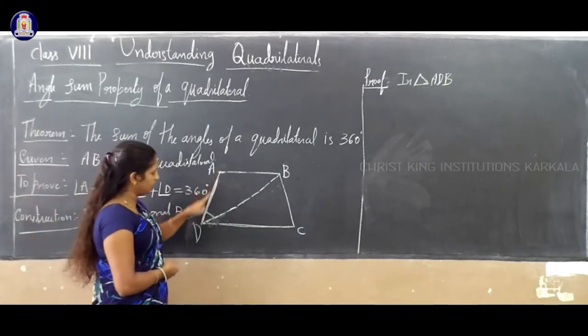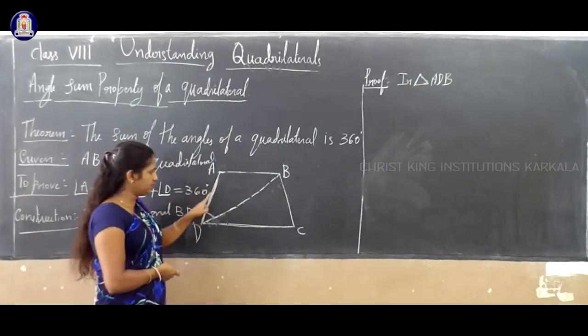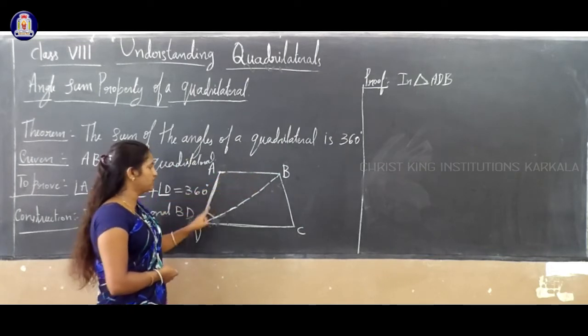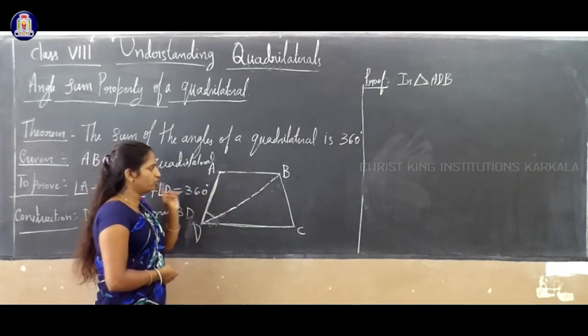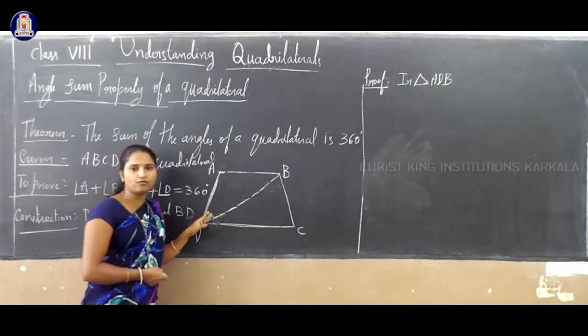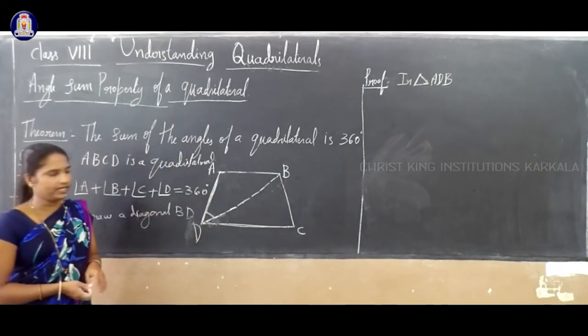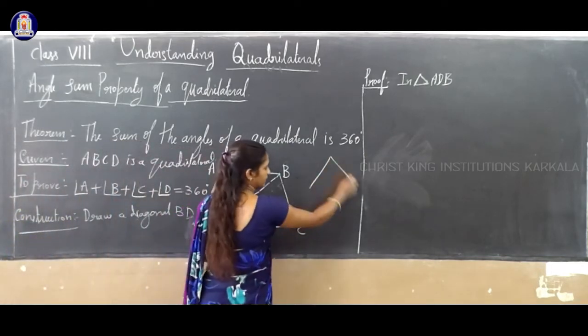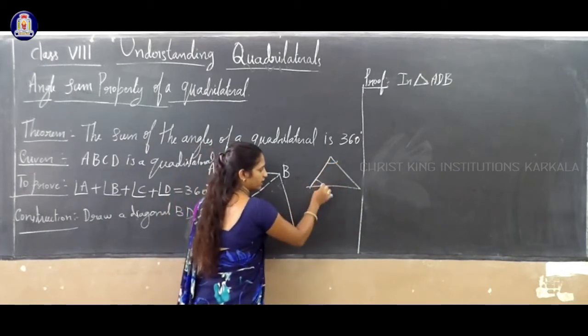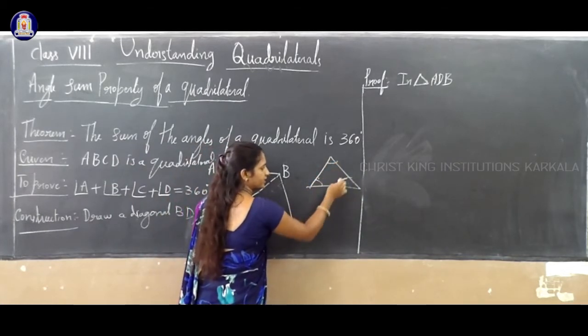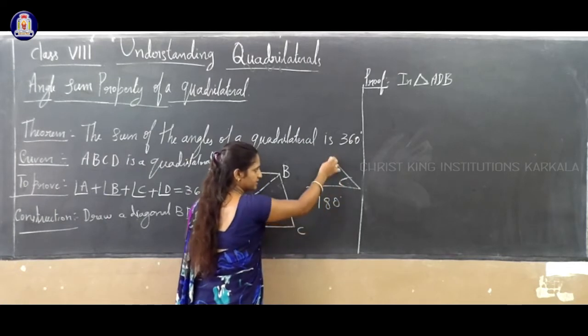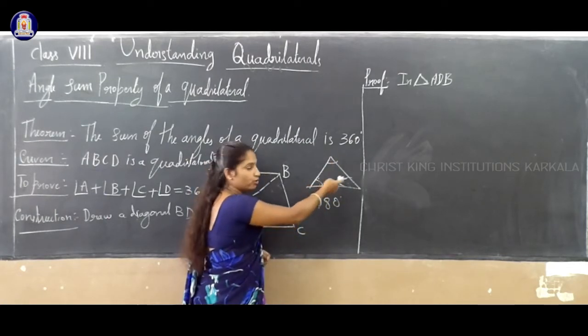See, ADB triangle, that we can see the three angles. So that you have to write: the sum of three angles of a triangle is 180 degrees. In a triangle, if you add all the angles, we will get 180 degrees. Means this angle, angle 1, angle 2, angle 3.